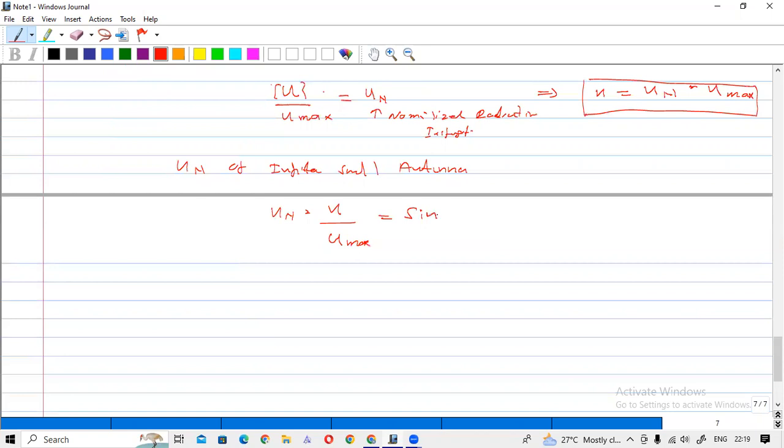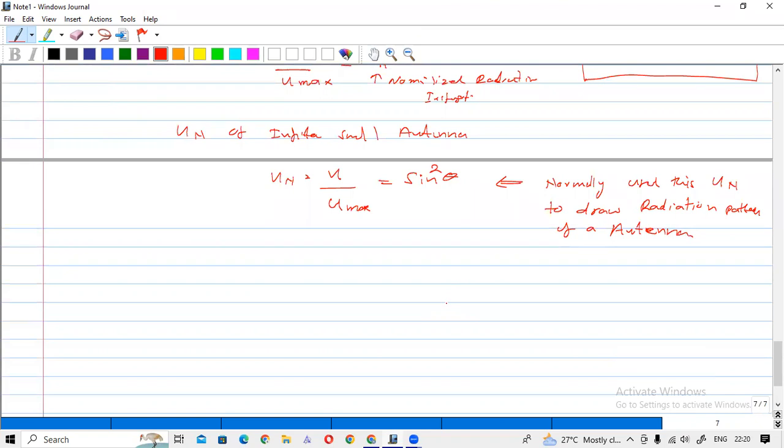So this is the normalized pattern value, and we normally use this normalized radiation intensity to draw or to estimate the radiation pattern of an antenna.